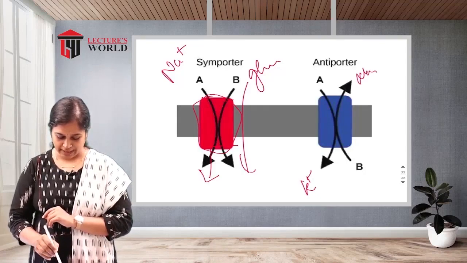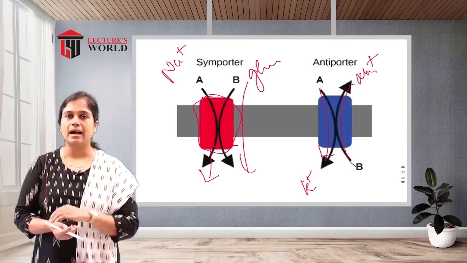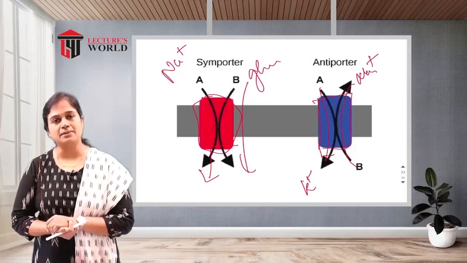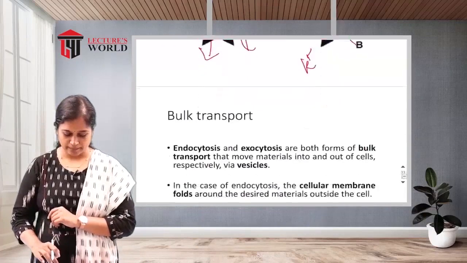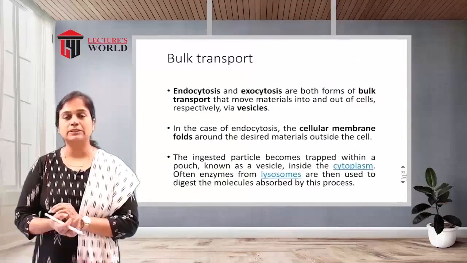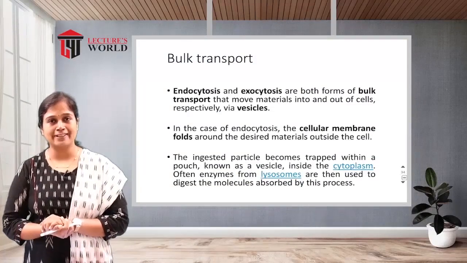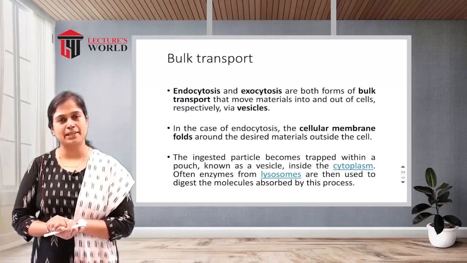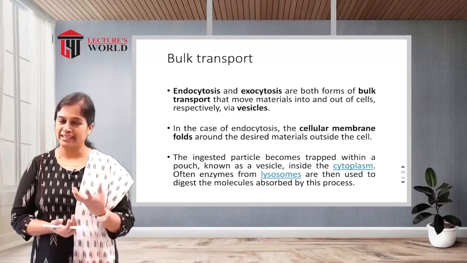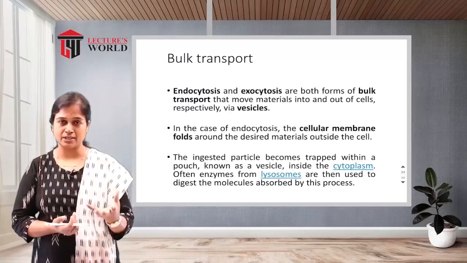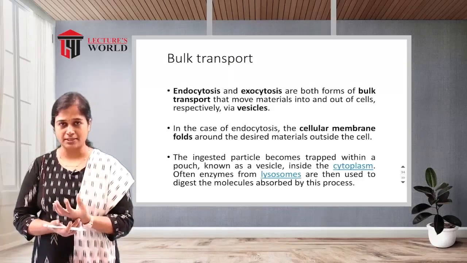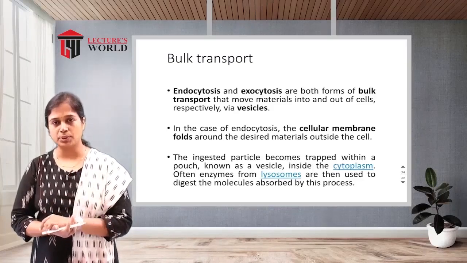The K+ comes inside the cell and the Na+ goes outside the cell, and this protein is known as the antiporter. So this was all about active transport. Active transport is of two types: primary active transport, which uses ATP, and secondary active transport, which uses electrochemical gradients, and that moves the molecules.